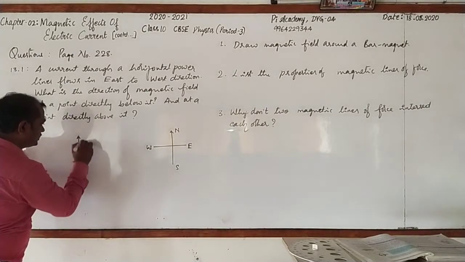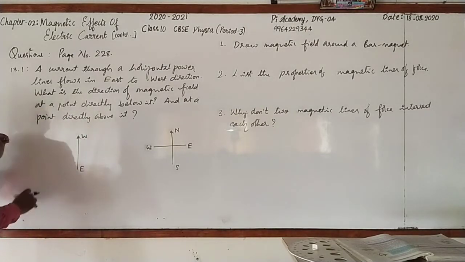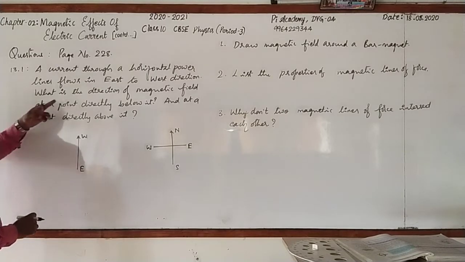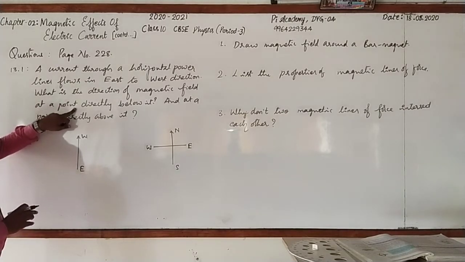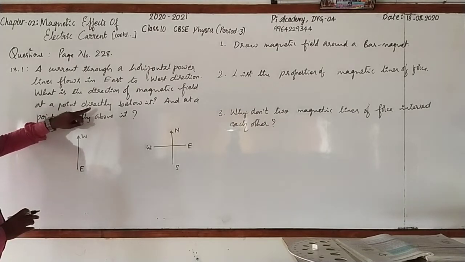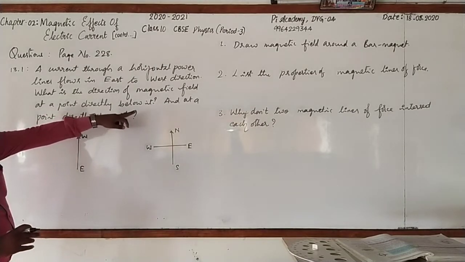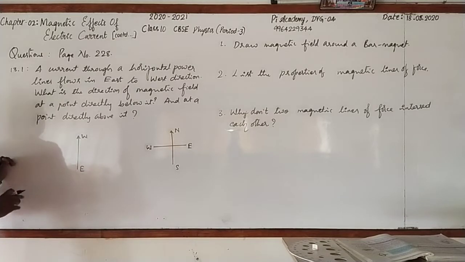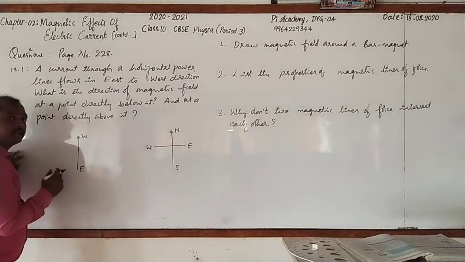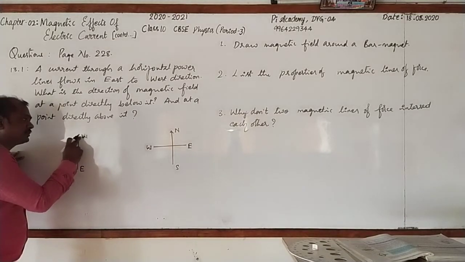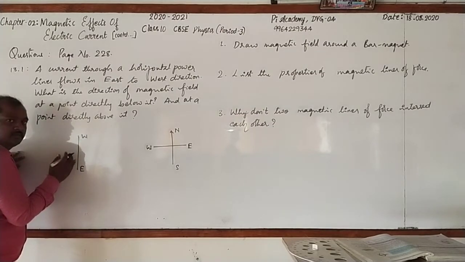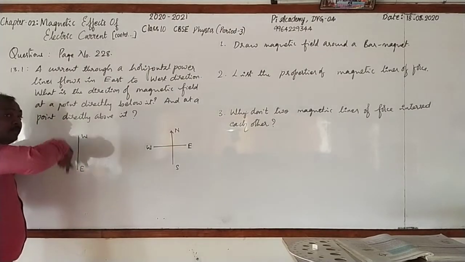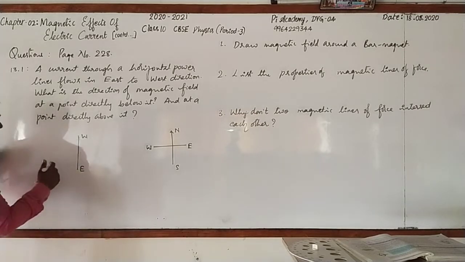This is east, this is west. East to west direction. What is the direction of the magnetic field at a point directly below it and at a point directly above it? That is, what is the direction of magnetic lines of force when viewed from east and when viewed from west? Look here.